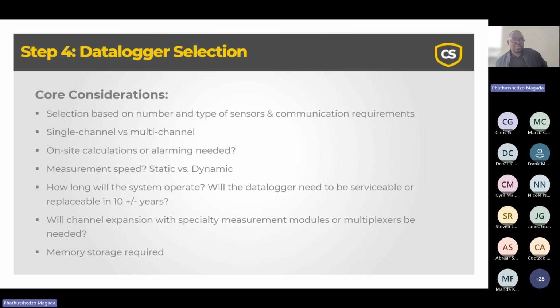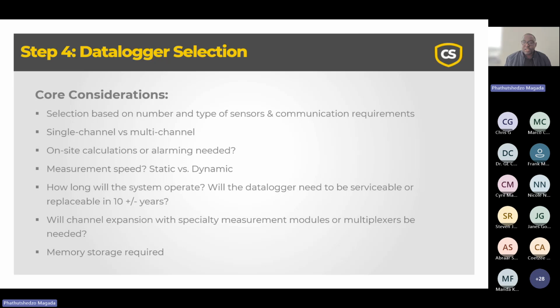So now let's go to data logger selection, some considerations to put in place when you are selecting the data logger. You need to determine the number of sensors and communication that are required in the site. For example, if you have a single channel, this is suitable for when one variable is measured, and we also have multiple channel support.